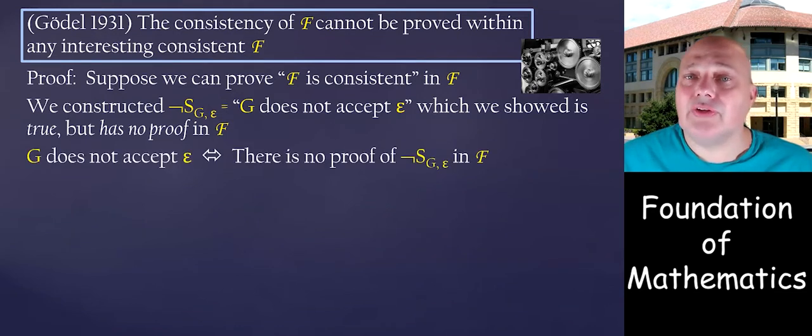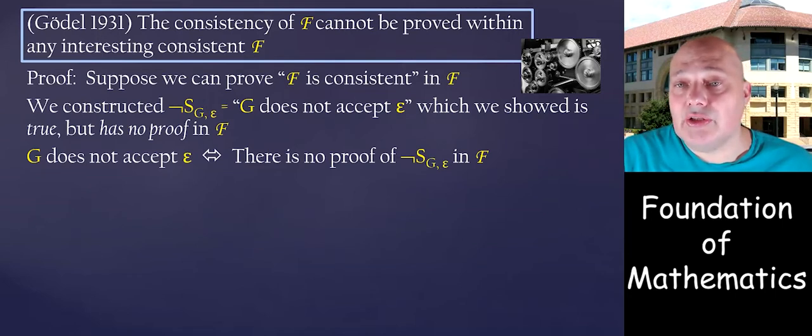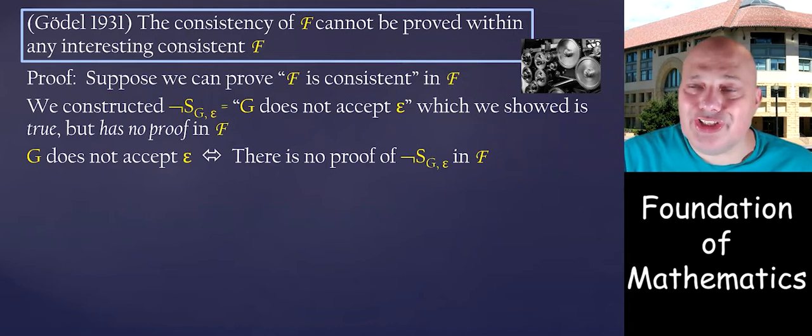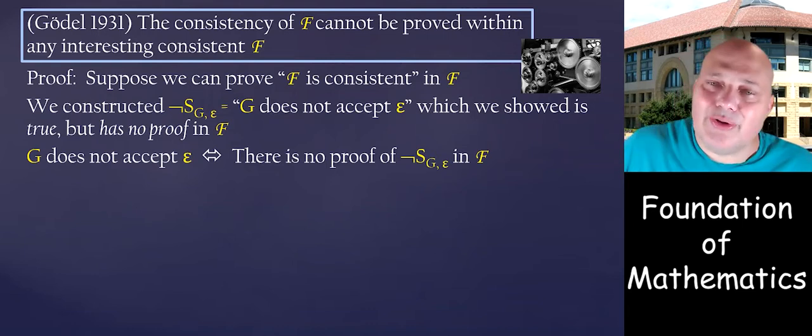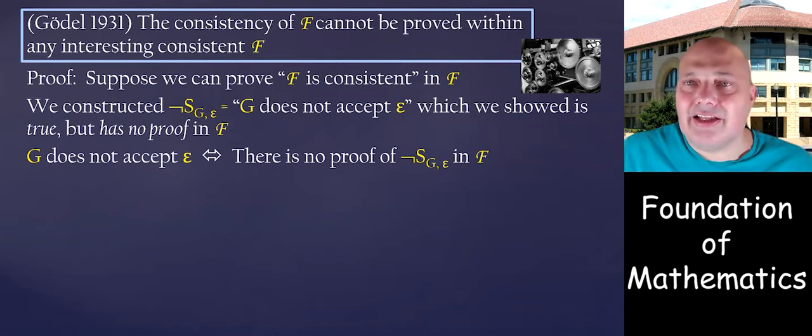Now, G does not accept ε if and only if there is no proof of not S_{G,ε} in F, right? What G does is to search for a proof of not S_{G,ε}. And if it finds a proof, then it will actually accept. So it does not accept if and only if there is no proof.